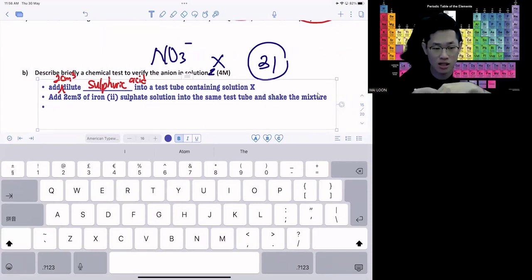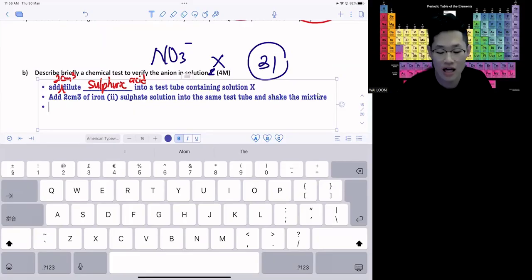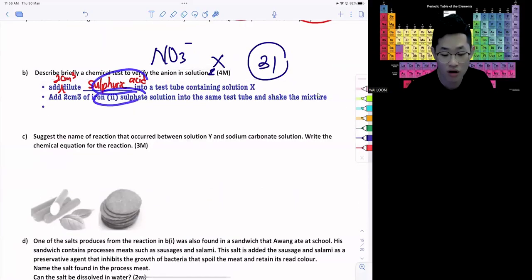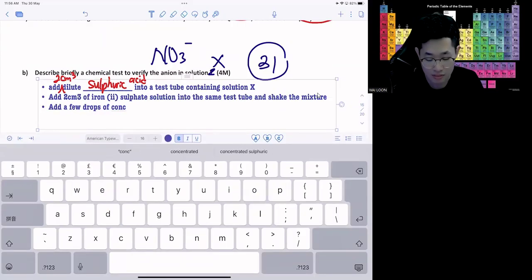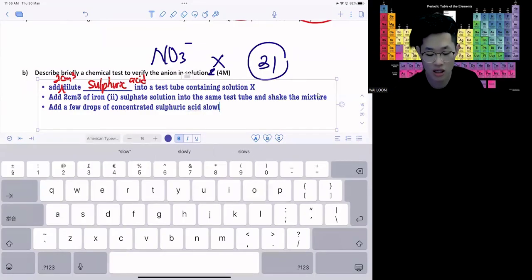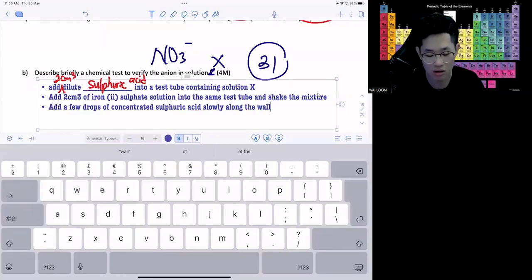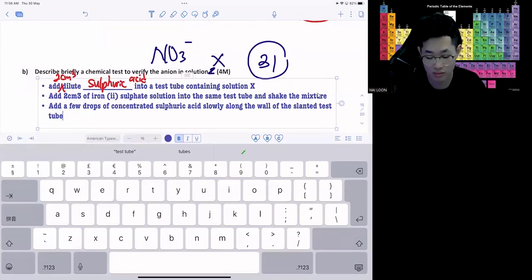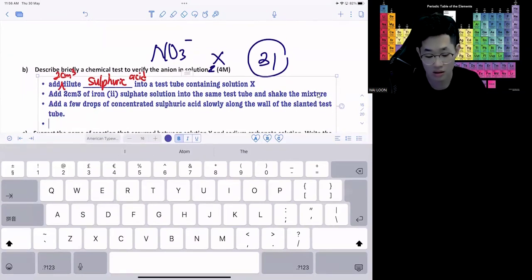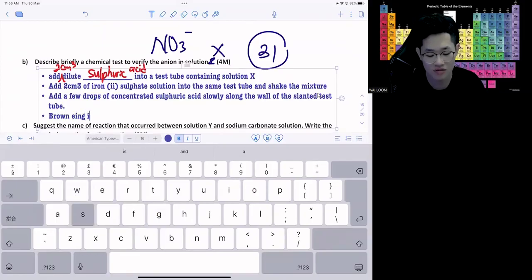So I add things into it, I shake. So after adding H2SO4, FeSO4, the last one is we have to add a few drops of concentrated sulfuric acid slowly along the wall of the slanted test tube. And finally, brown ring is formed.